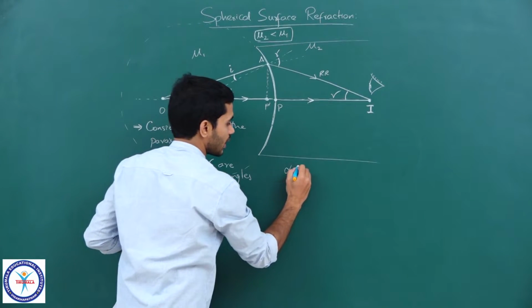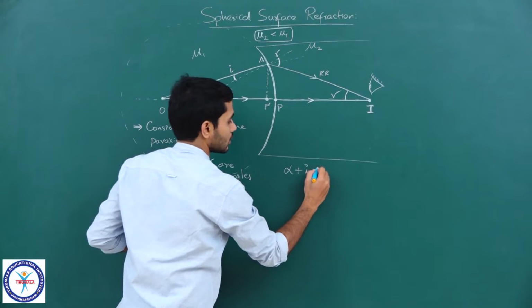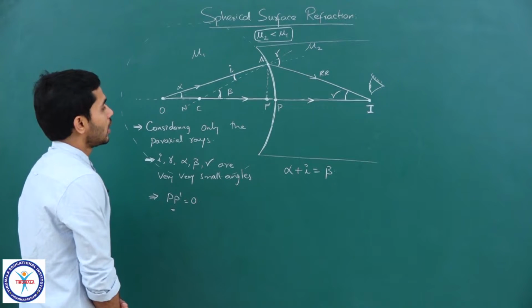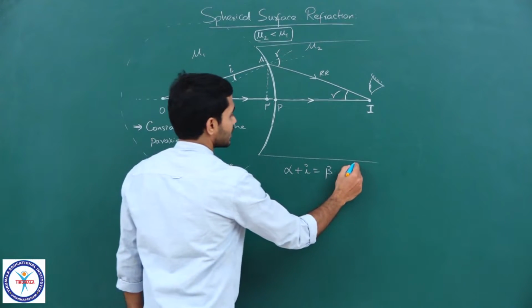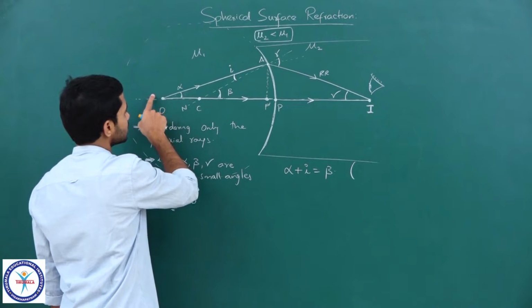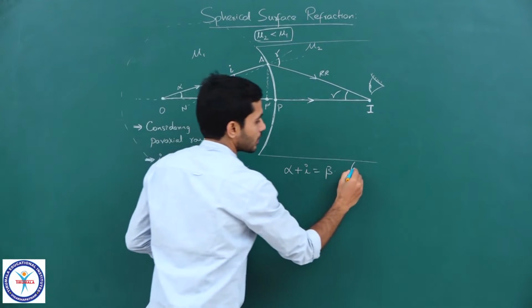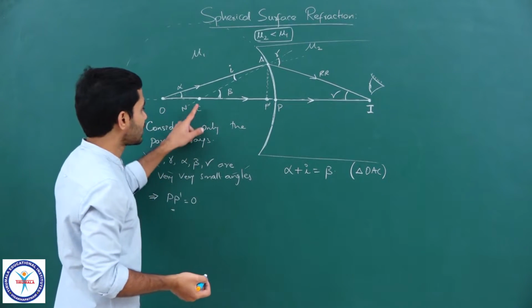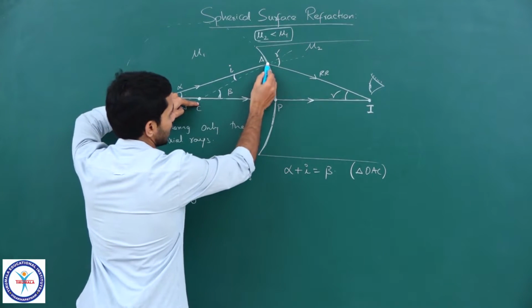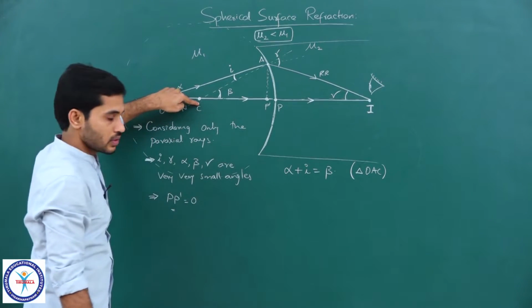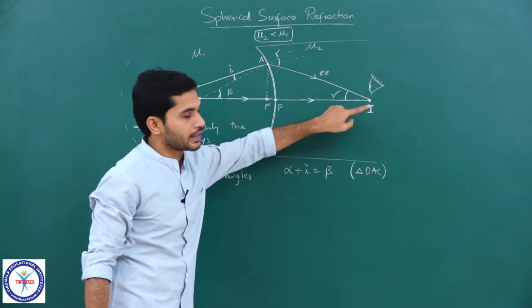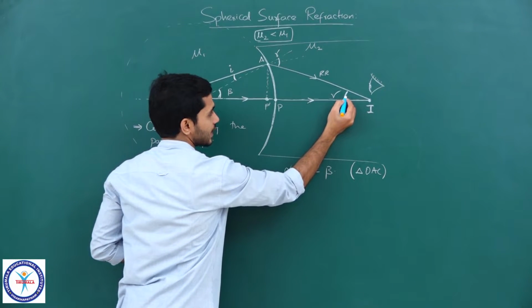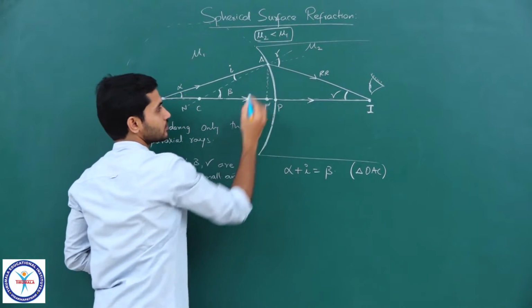Let me write it down. So, alpha plus I is equal to beta, correct. Now, similarly, I will also write the triangle which I used. So, the triangle is OAC. Now, similarly, if you look at the other triangle which is CAI, right, I can say this angle plus this angle should be equal to this angle, correct.